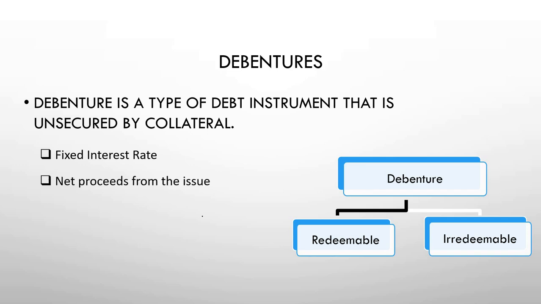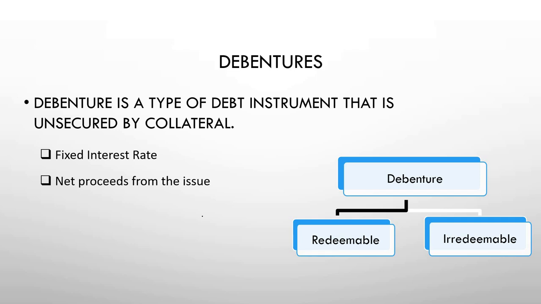Then we discussed the net proceeds from the issue. Net proceeds means the face value plus the premium, if the debenture is issued at a premium, or minus the discount, if the debenture is issued at a discount. We have also discussed that whenever we issue debentures, we incur some cost, maybe in the form of commission, advertisement, or any other form, which is known as the floatation cost.